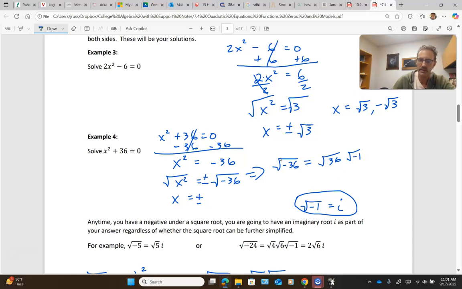The square root of 36 is just 6. The square root of negative 1 is, by definition, i. And so my two solutions for this equation are purely imaginary numbers. Or in other words, there are these other types of numbers that we don't talk about a whole lot, but they are used in math and engineering a lot. So anyway, I could list my solutions as positive 6i and negative 6i.